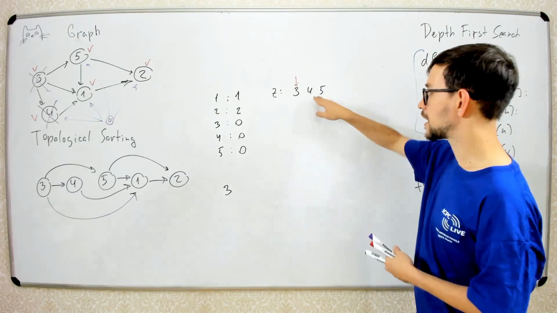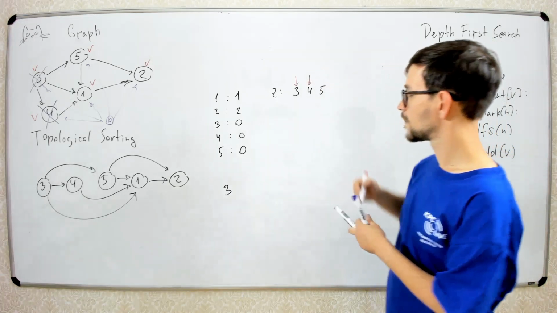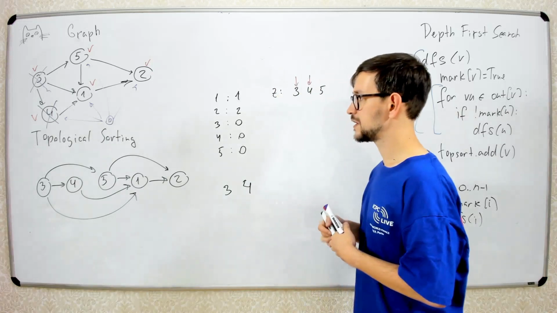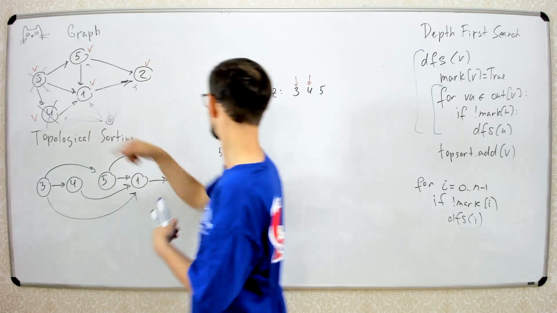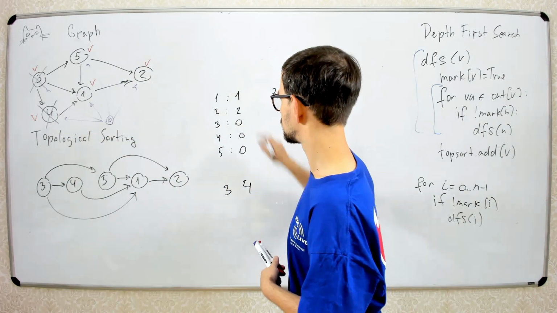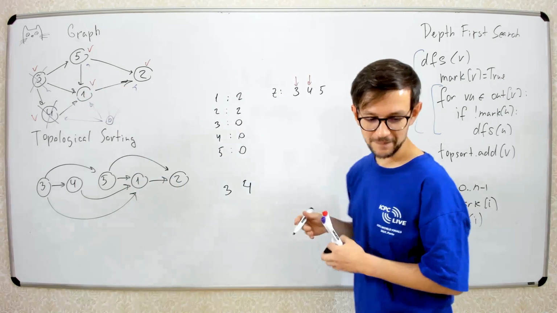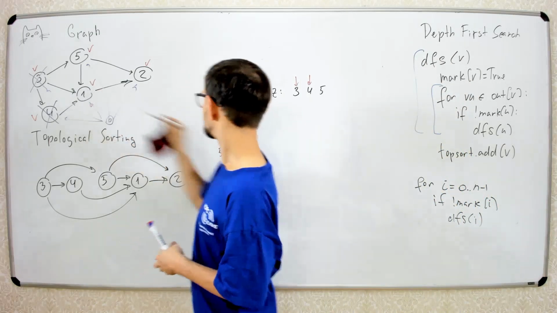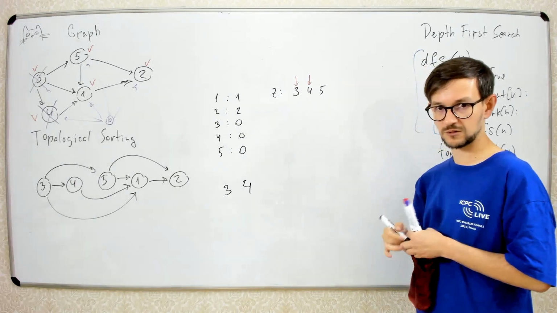Now again, you take any node from this list, for example node 4, put it into the topological ordering, then iterate over all edges connected to node 4. I have only one edge, to node 1, so I decrease this counter. It was 2, it had 2 incoming edges. So I decrease the counter for node 1, it is now 1, and so on.